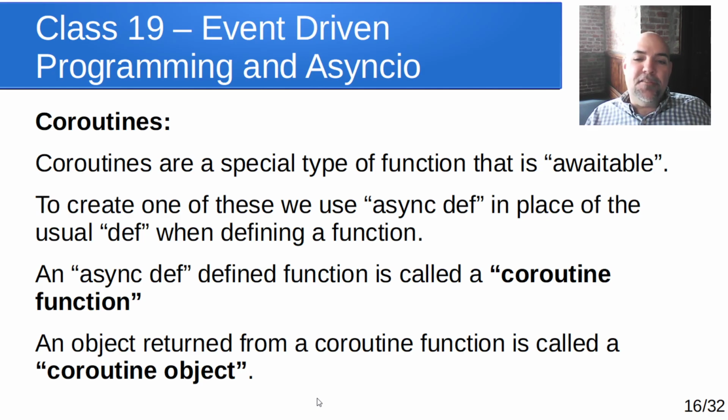It's just like any other function you would make in Python, except that rather than using def to define it, you say async def in place of the usual def. In other words, you just add the word async at the beginning of that function, and then it becomes a coroutine function. An object returned from a coroutine function is called a coroutine object.